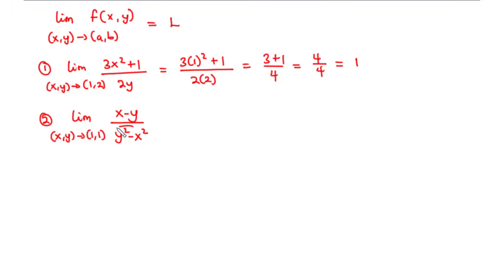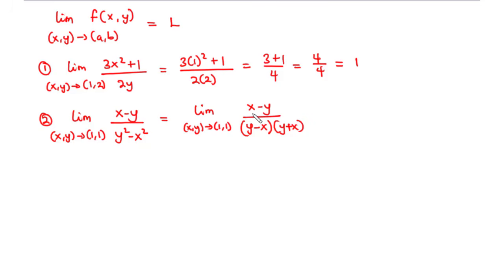Now we have a difference of two squares, so we can work this out. We can try to manipulate the denominator. So we can express this limit as the limit of the function (x minus y) divided by (y minus x)(y plus x), where (x, y) approaches (1, 1).